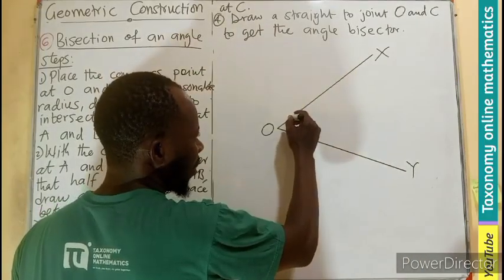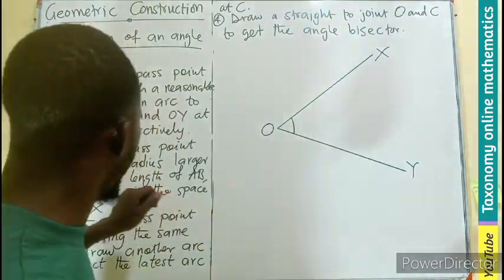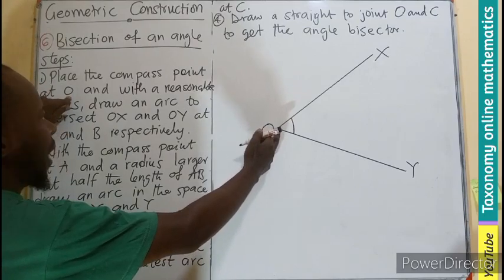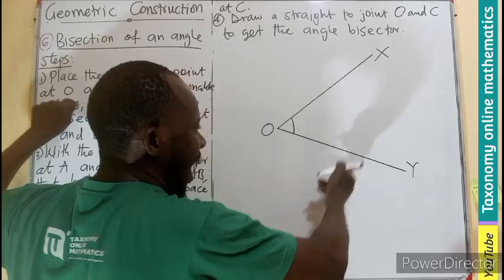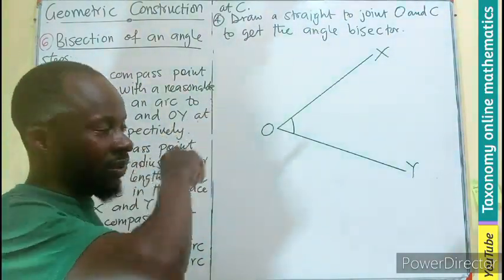This very angle is what we want to bisect. So now we are going to stand at O, meaning the compass point at O, then open any reasonable radius, then we make an arc that will intersect the two lines OX and OY.